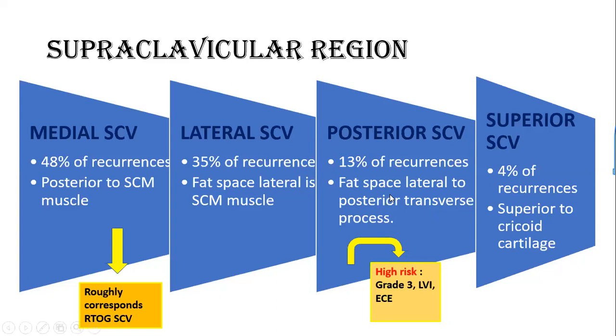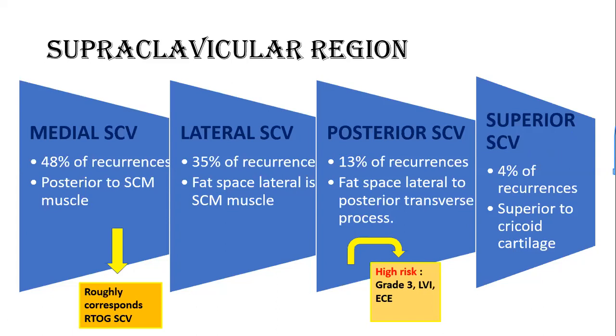The high risk features seen in this posterior supraclavicular volume are grade 3 tumor, lymphovascular invasion and extracapsular extension, found to be the high risk features for this posterior supraclavicular relapse.